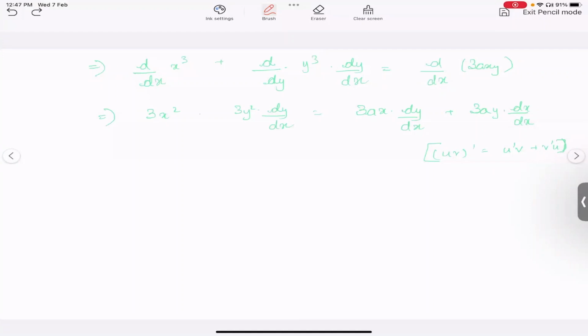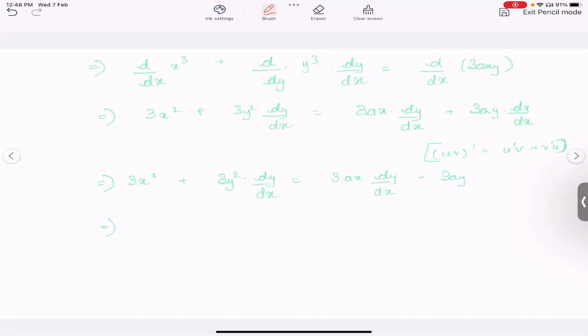So this is the identity that we are using. This implies 3x square plus 3y square times dy by dx will be equal to 3ax times dy by dx plus 3ay.